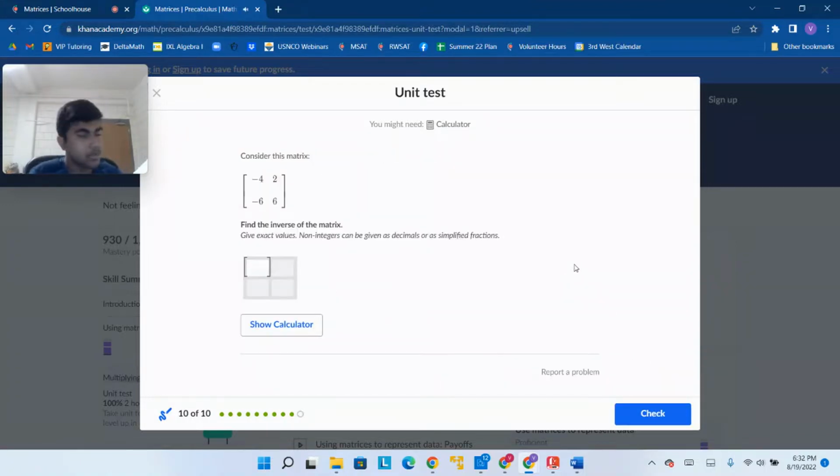Consider this matrix. We want to find the inverse of this matrix. Okay, so we can go back and think about what the inverse means. A times the inverse of A, A to the negative 1, is going to equal a 2 by 2 matrix that looks like this.